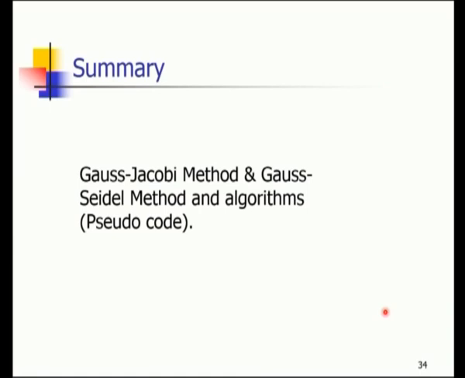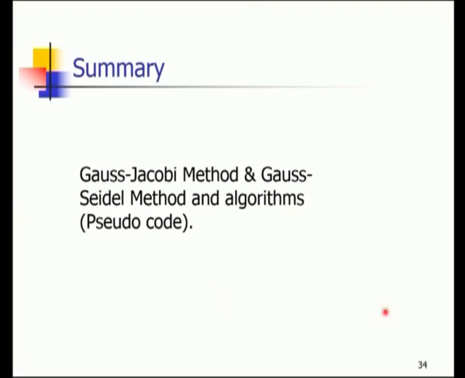So, now we will come to the summary. In this lecture we discussed two iterative procedures for solving matrix equations, the Gauss-Jacobi method and the Gauss-Seidel method, and the algorithms and pseudocode also we discussed.